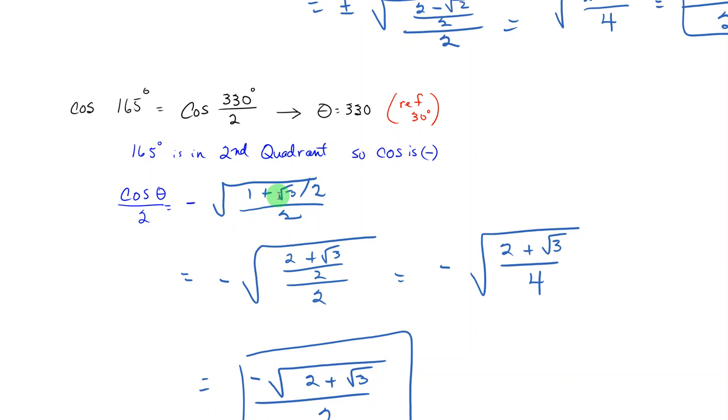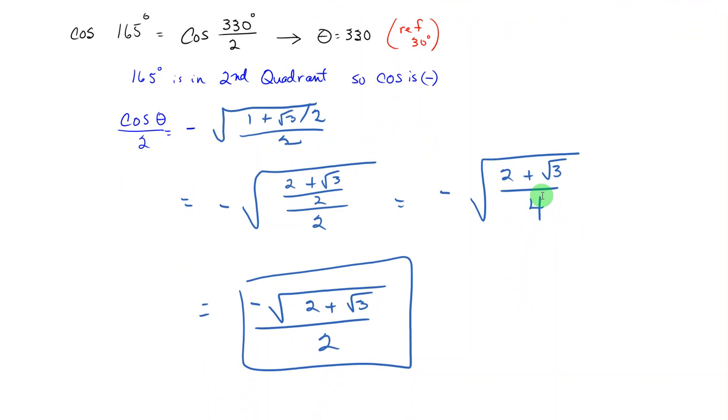So 1 plus, and the cosine of 330 is the square root of 3 over 2, all over 2. So then I make this one fraction. That becomes 2 plus the square root of 3 over 2. There's my 1, all over 2. And then we've got two denominators. That can become a 4 on the bottom. The 4, if we make this a radical on top, and the square root of 4 is 2, so there's my final answer. You'll have a lot of radicals in your answers.